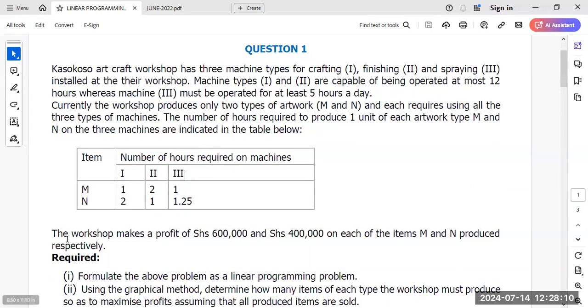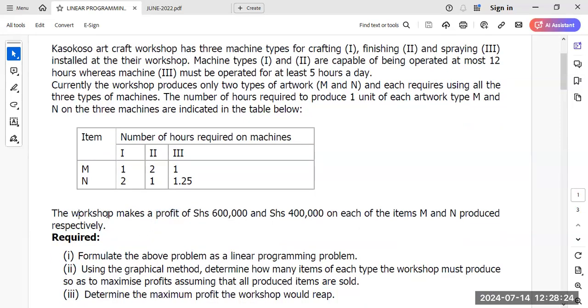They are telling us that the workshop makes a profit. Do you recall what I said? It is either to maximize profit or to minimize costs. So here they are telling you that the workshop makes a profit of shilling 600,000 and shilling 400,000 on each of the items M and N produced respectively.